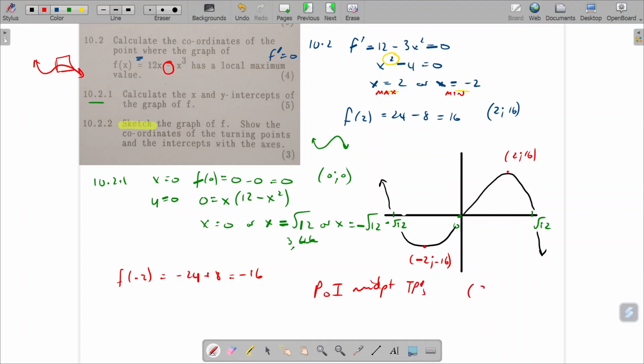So if I've got the turning point 2 and 16, and my other point of -2 and -16, then the point of inflection will be this thing's midpoint. What's halfway between 2 and -2? 0. What's halfway between 16 and -16? 0. So believe it or not, this point of inflection is also at the origin.